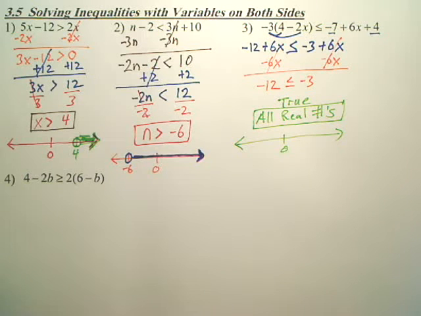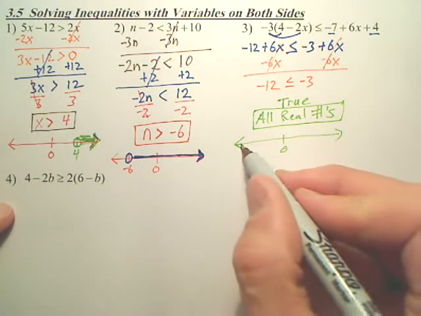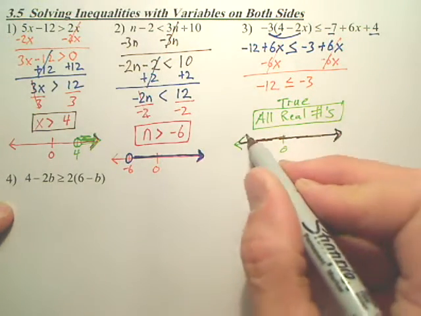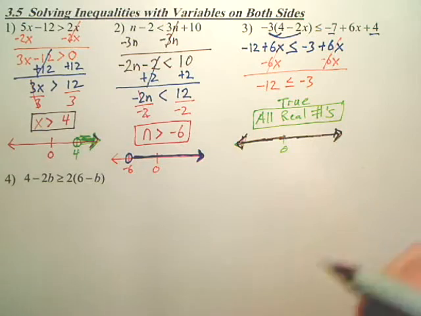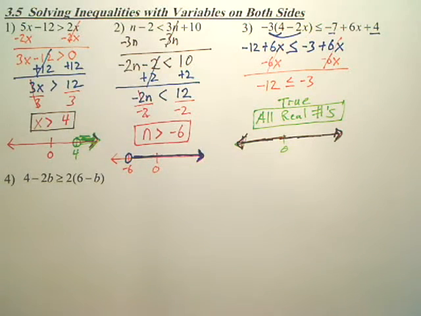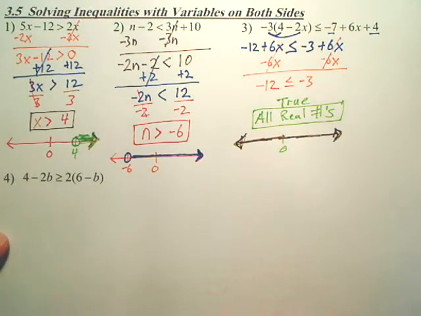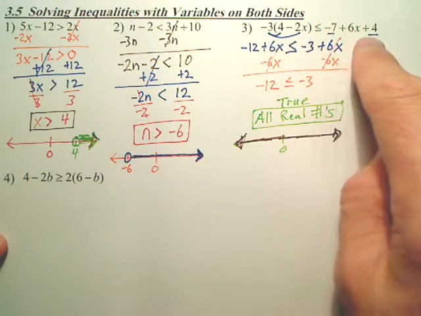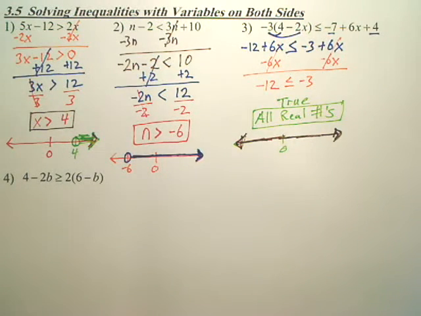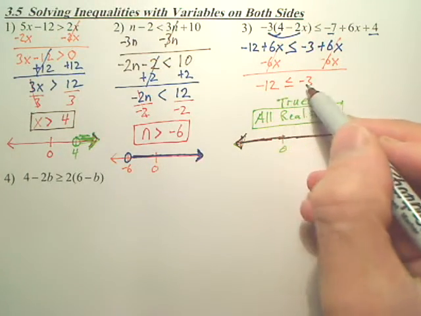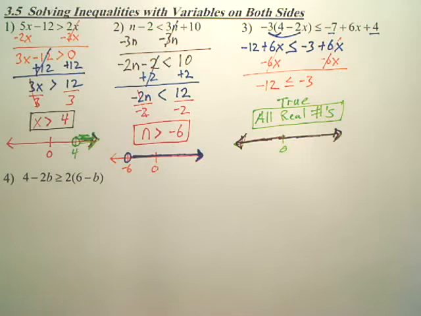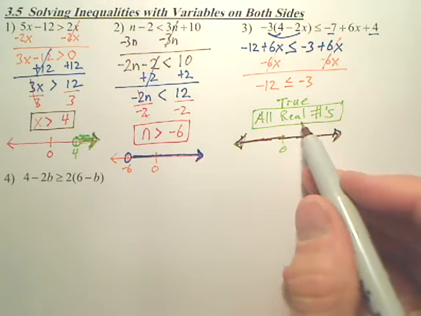It means my answers are all real numbers, which means if you shaded your number line, it'd be everything. Is that okay? All numbers make this true. No matter what number I plug into this inequality, it'll come out true. So if all your x's drop out and you're left with a true statement, it's all real numbers. If you're left with a false statement, it'd be no solution.